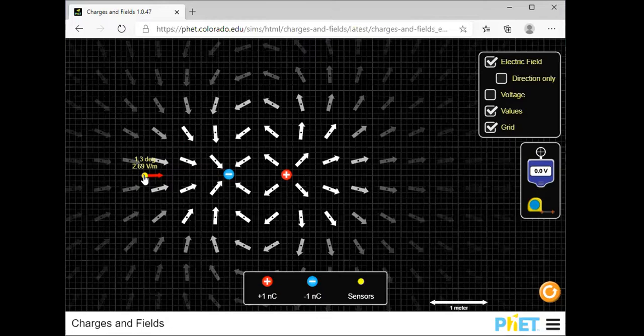All right, and so really what's happening here is that the negative charge is attracting more and the positive charge is repelling less. That's why that's happening on the other side. Again, we're talking about imagining a positive test charge.